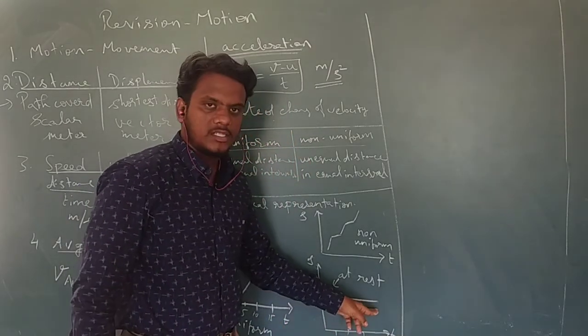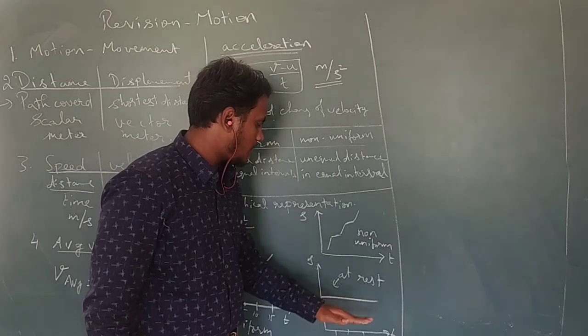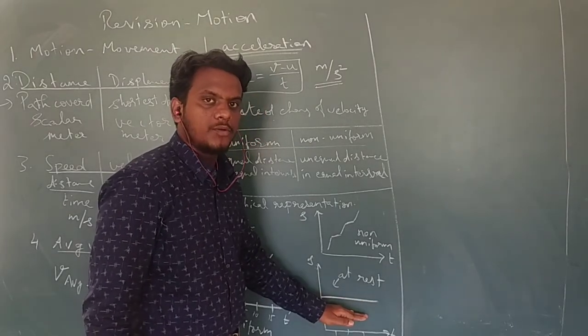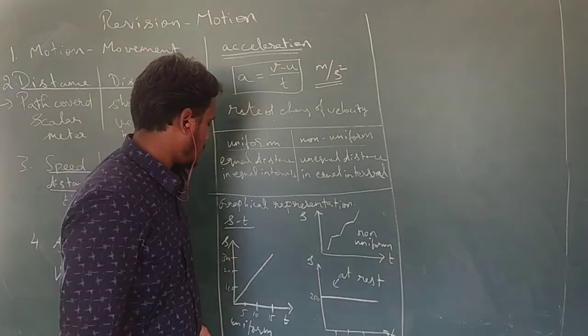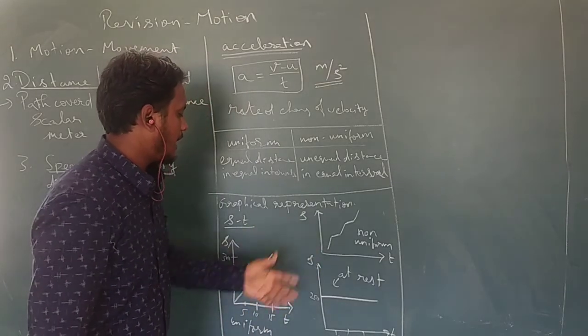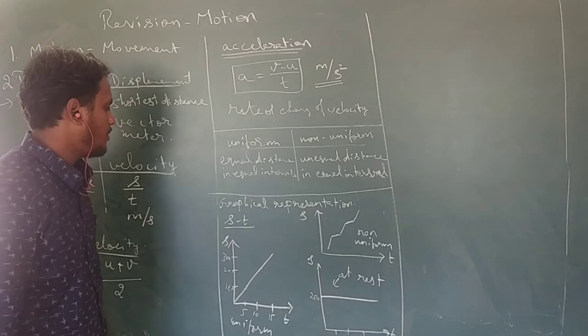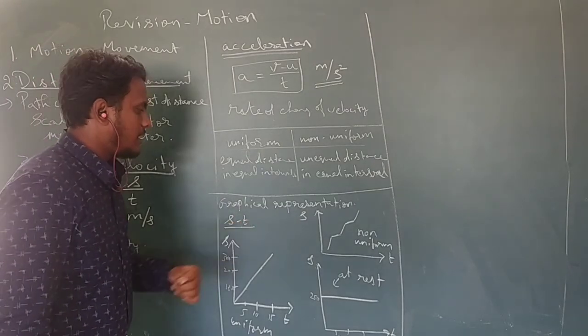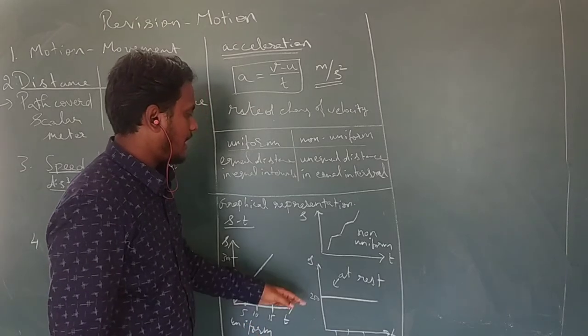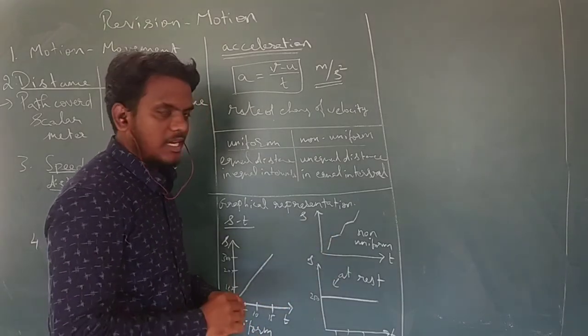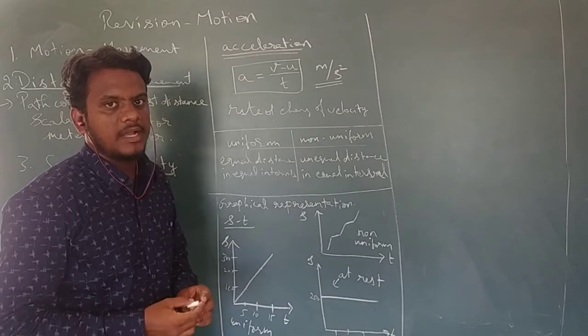The position of the object is constant, so we say that the object is at rest, right? These are the different graphical representations in distance time graphs: uniform, non-uniform and object at rest.